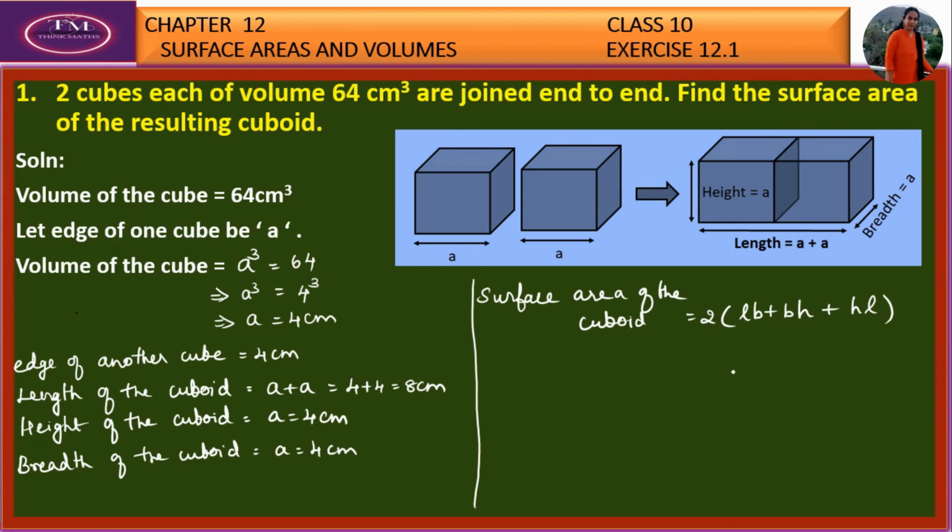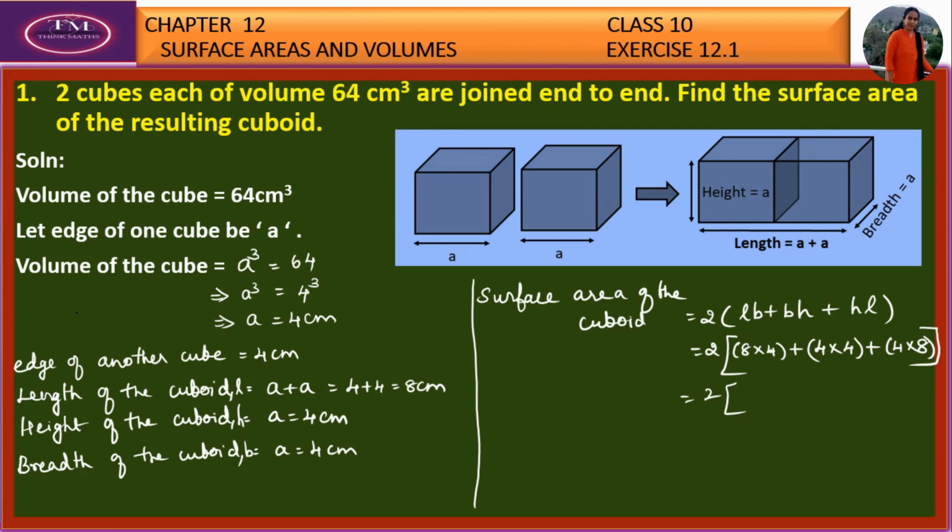Here length is denoted by L, height by H, and breadth by B. So 2 into LB, which is 8 into 4, plus B into H. What is B? B is 4. 4 into height, which is 4, plus H into L. What is H? H is the height, and the length is 8.